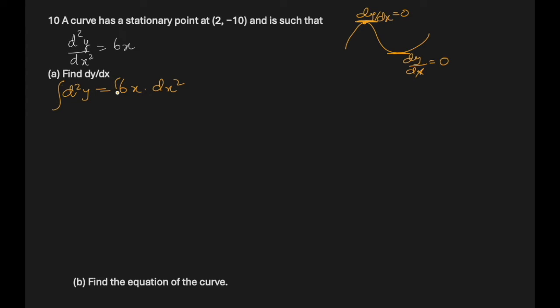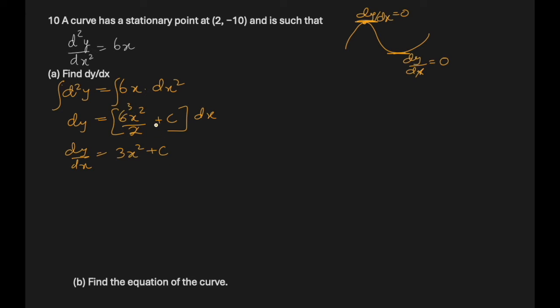And if I integrate both sides, this will become y, this will become 6x square over 2 plus c dx. Okay, and now I can write again, cross multiply, this dx comes there, dy over dx is equal to 3x square plus c.